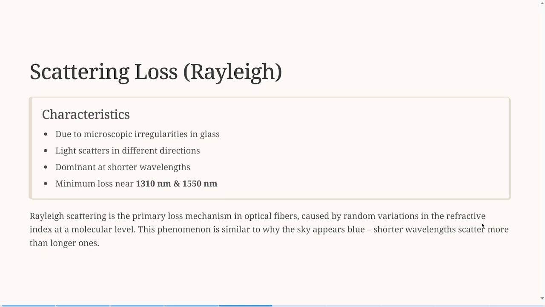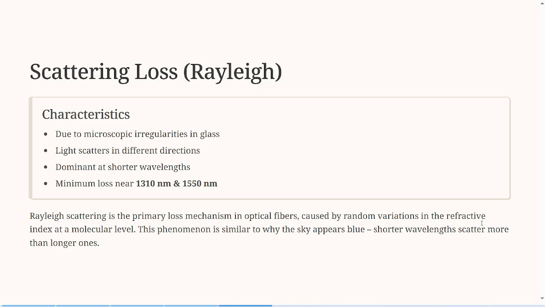Next is scattering loss, primarily Rayleigh scattering. This occurs due to tiny microscopic irregularities in the fiber glass structure. These variations scatter the light in random directions instead of allowing it to travel straight.